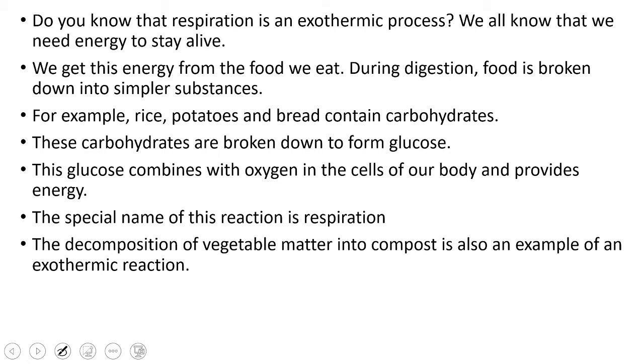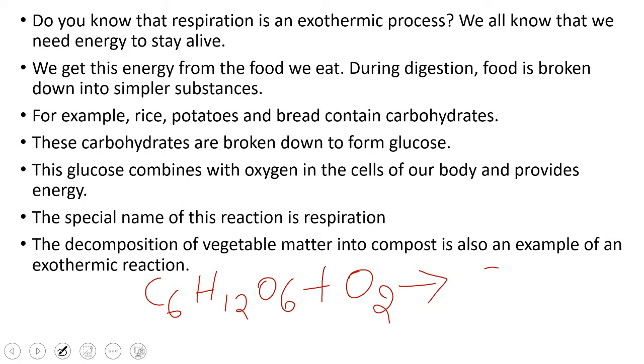So I will write the reaction of respiration. In respiration, glucose is broken down in the presence of oxygen. The glucose formula is C6H12O6 plus O2, because it was burning in the presence of oxygen to give rise to carbon dioxide, water, and energy is liberated.